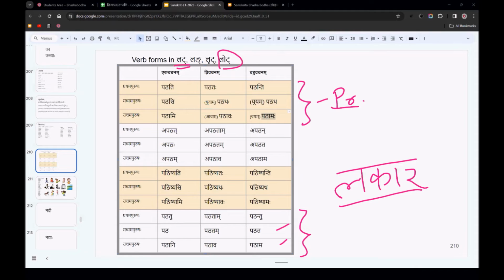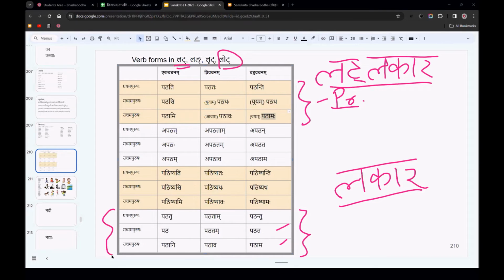So Sanskrit grammar calls the present tense lat lakara. Lat lakara means present tense, or vartamana kala. In simple words, it is vartamana kala, present tense. In grammatical terms, it is lat lakara.